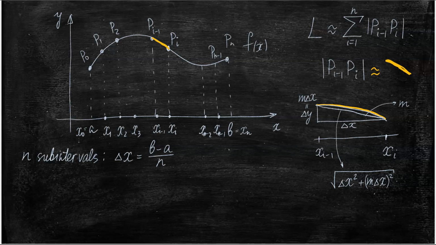At first sight, this m has nothing to do with delta x, and it almost looks like we are stuck here. I'm just going to add index i over there.